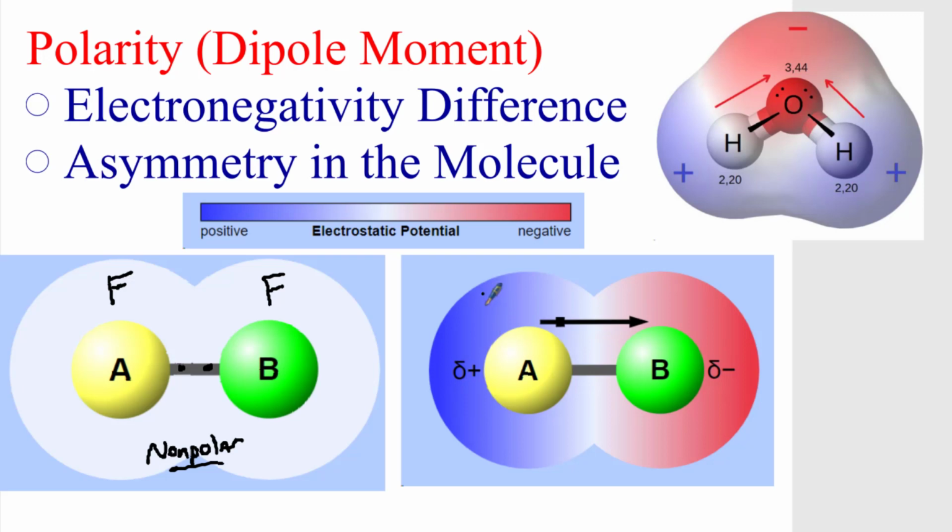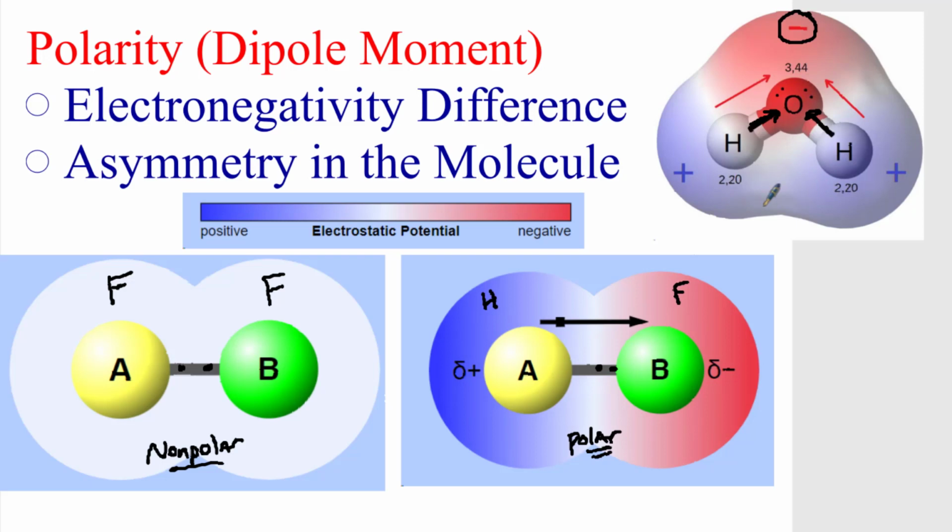But let's say we have something like hydrogen and fluorine. Fluorine is going to attract the negative electrons more because fluorine has the highest electronegativity, which means it will have a slightly negative dipole moment, which means the hydrogen will have a positive dipole moment, which makes this molecule what we call polar. This molecule now has a dipole moment. You can see water, oxygen has a higher electronegativity, so oxygen attracts the electrons more within this bond, which makes the oxygen have a negative overall dipole moment.